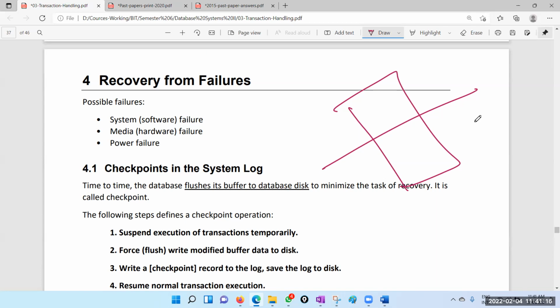And we want to make sure that not only the committed transactions are recovered, the uncommitted transactions are also recovered, in the sense that we put them into a stable situation. That is a very challenging job for the database software. It is not a challenging job for us. It is a challenging job for those who are developing databases like Oracle, Microsoft SQL, MySQL, etc.